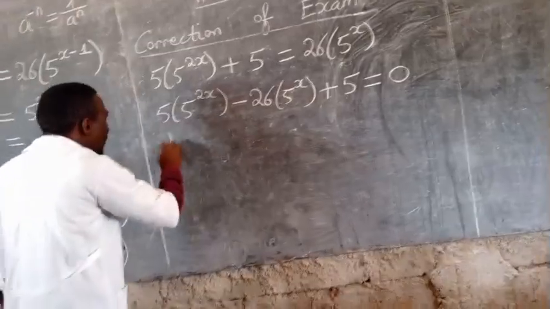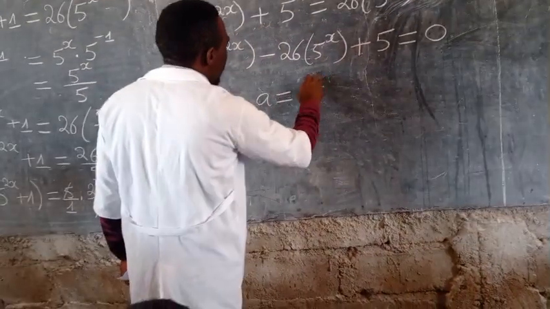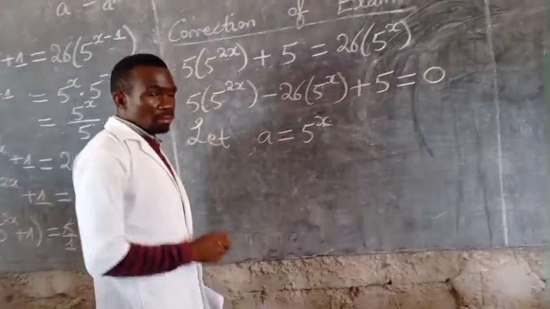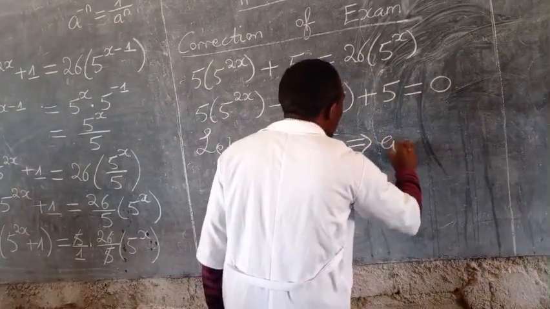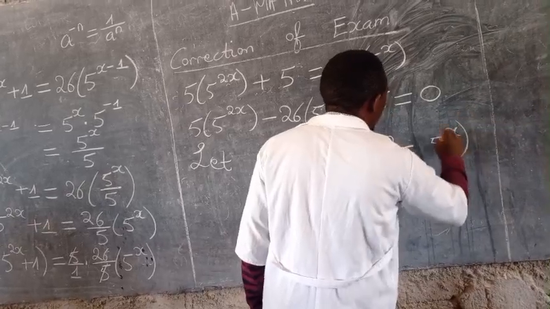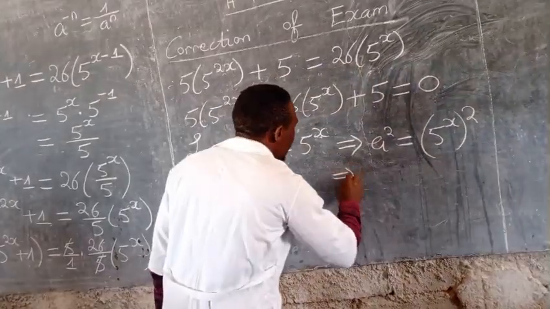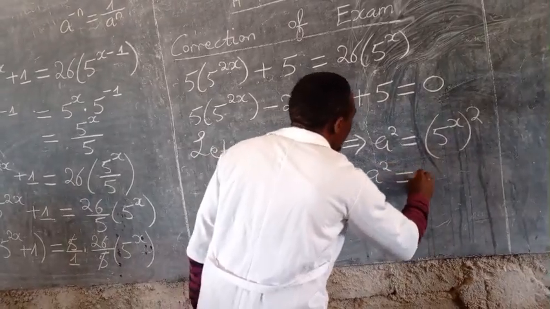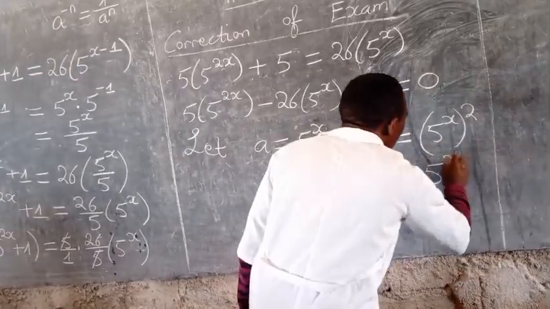So we are going to start by saying let a be equal to 5 raised to the power x, right? Then if we square both sides, a squared will be equal to 5 raised to the power x, all this squared. Then this will give us a squared to be equal to 5 raised to the power x times 2, which is 2x.